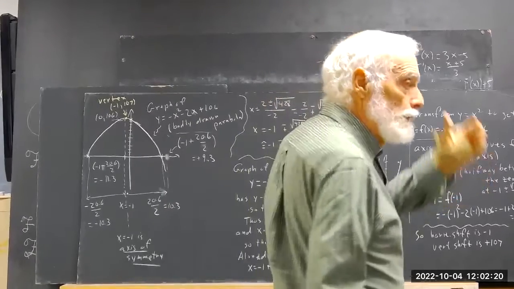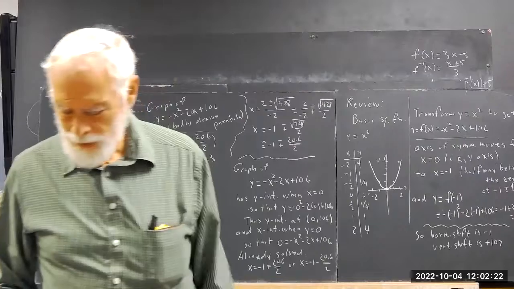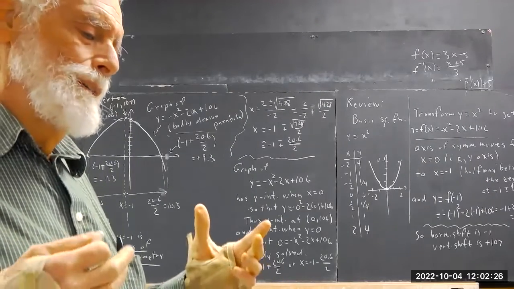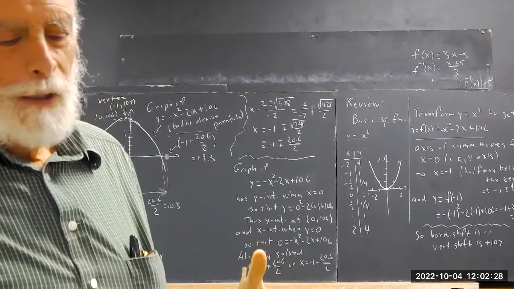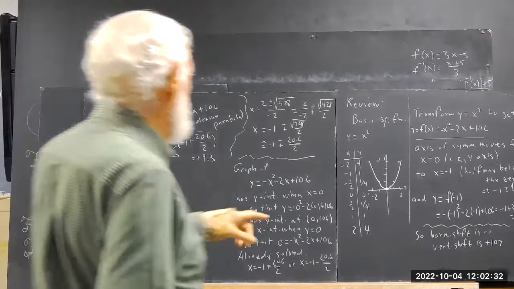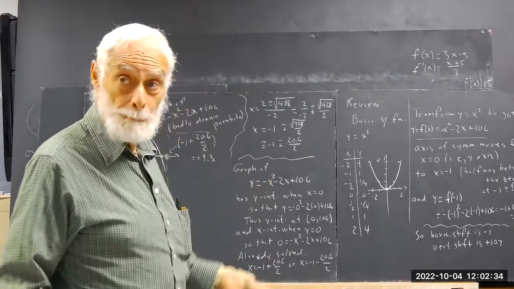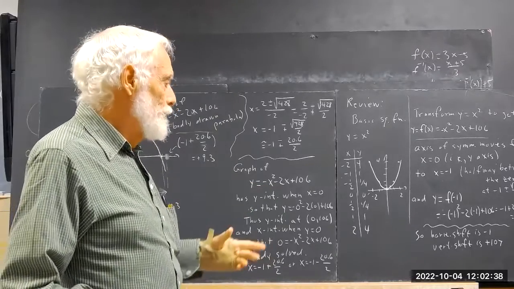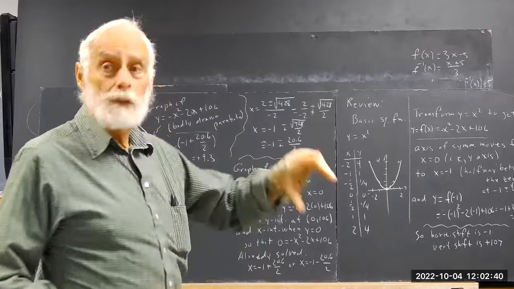And then we have, I would say, a vertical stretch by factor -1. We're multiplying. We've got to get a negative x squared. Okay. Well, that's a -1 times x squared. So that's a reflection.